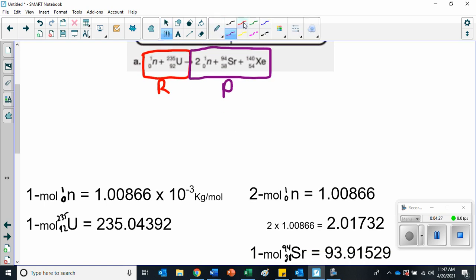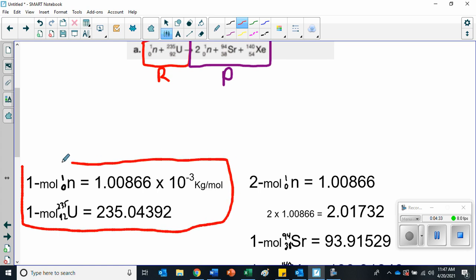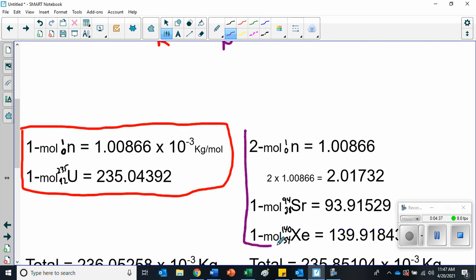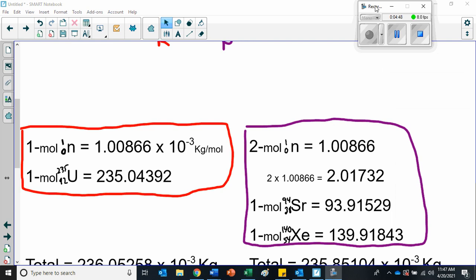You can see here is my reactants. Here is my products. And you can see how I added them all up.